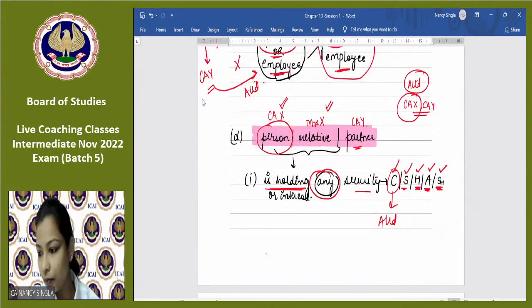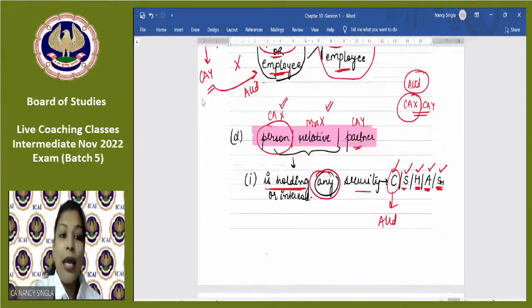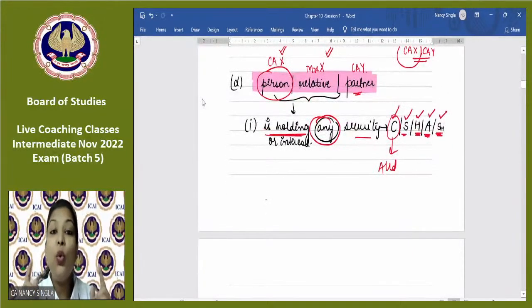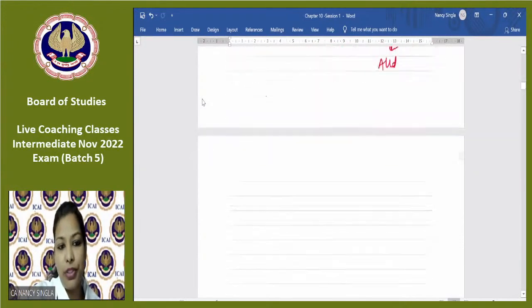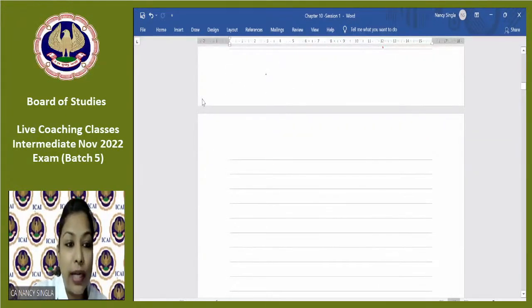Clear? Okay? Now, with respect to relative, there are certain other provisions.